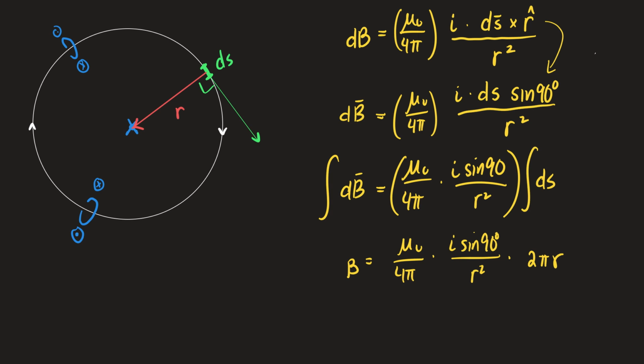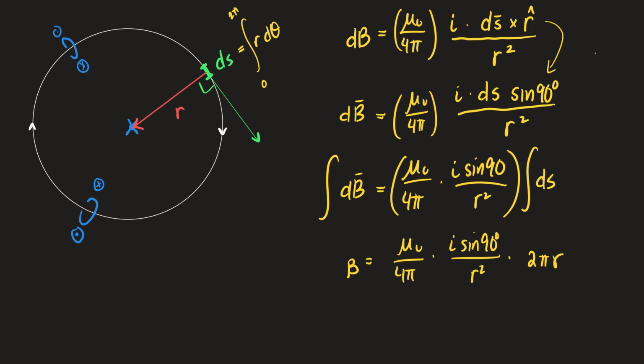Now, the truth is, we could have said ds is r d theta, and we could have then integrated this from 0 to 2 pi. We could have done the long way around to show that the circumference is 2 pi r. But are we okay in not doing that and just saying we're adding up the length and get 2 pi r? Because I know College Board's okay with that.